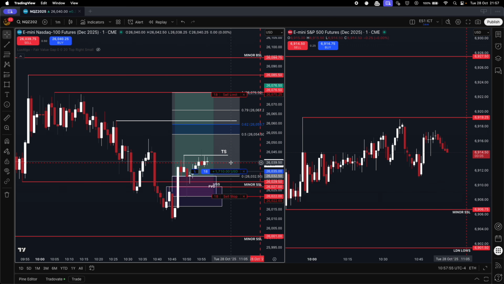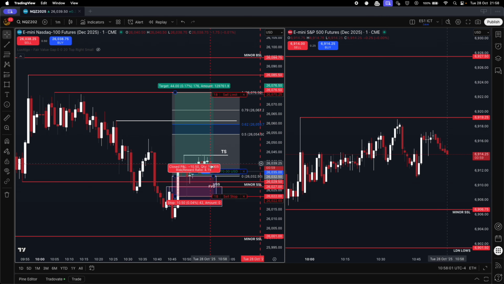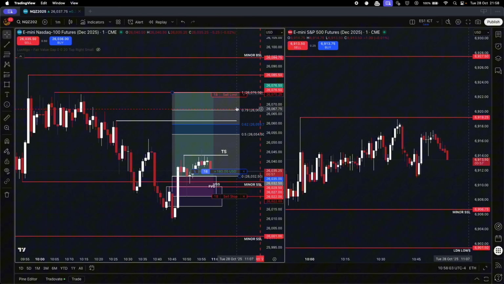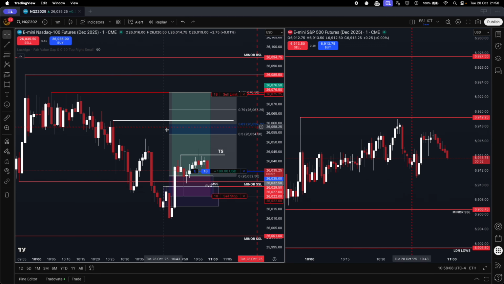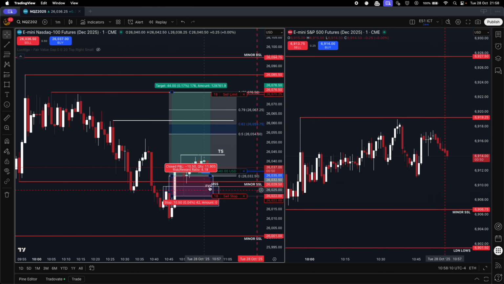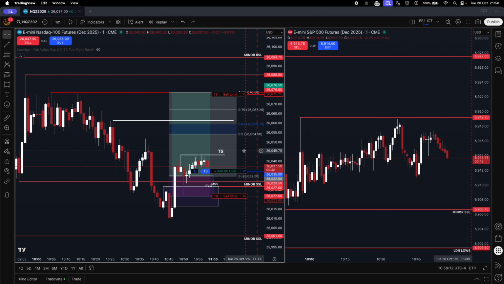For people that trail their stops too aggressively, they do get taken out many times, and it would trade back into the gap and then continue towards the objective, or take us out at the low as well. But there's also that probable scenario where trailing your stops too aggressively, in more cases than not, takes you out of a winning trade when you really shouldn't have been taken out.